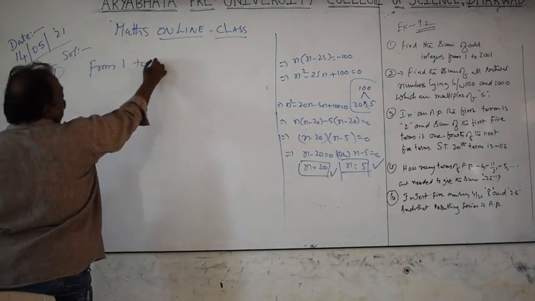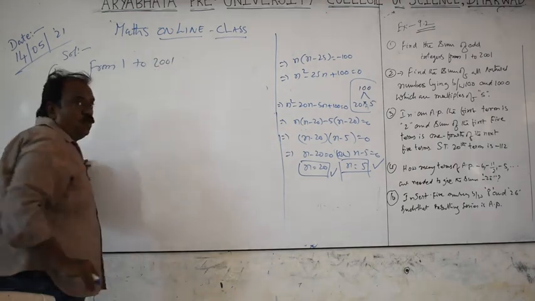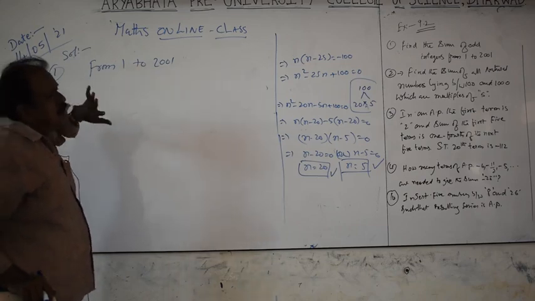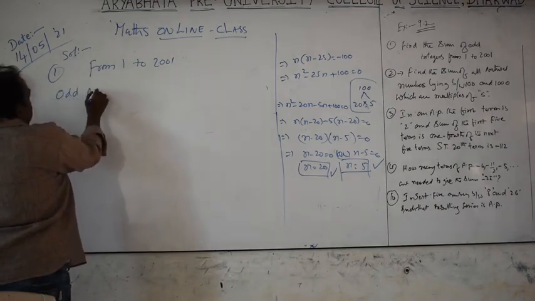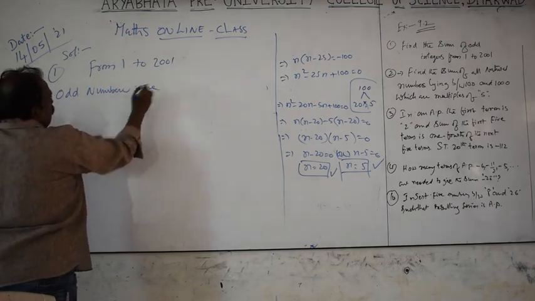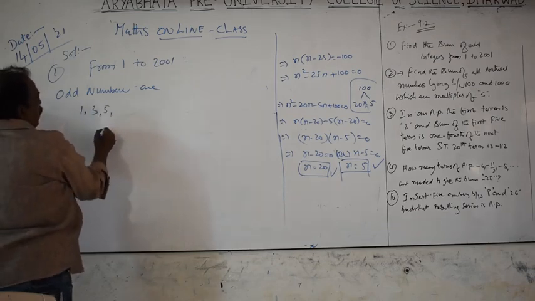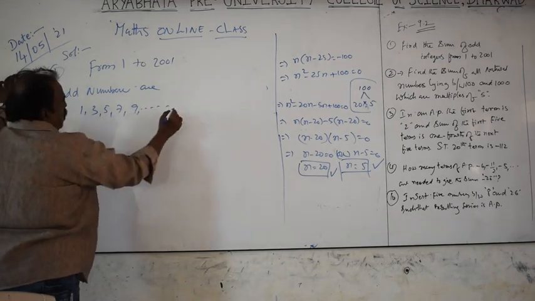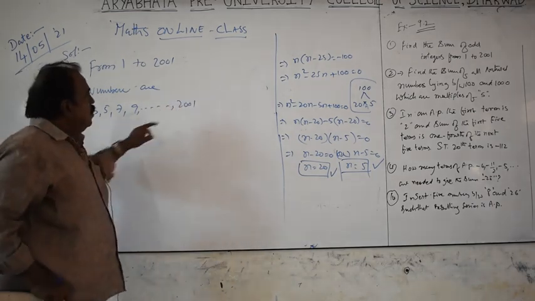From 1 to 2001, that means including 1 and 2001 also. The sum of odd numbers only. Odd numbers are 1, 3, 5, 7, 9, going on up to 2001.